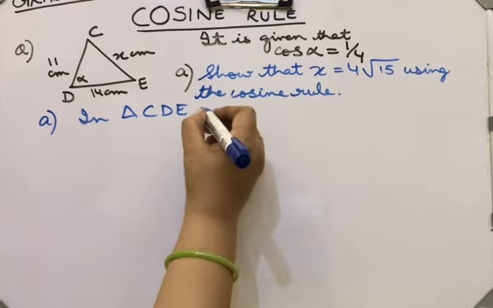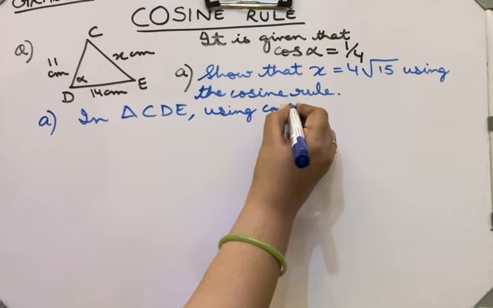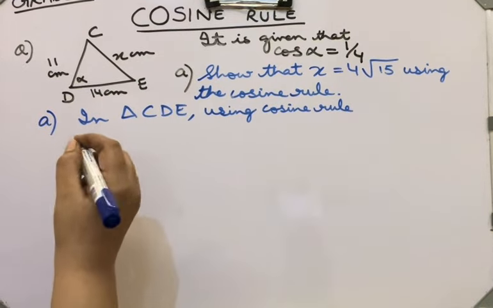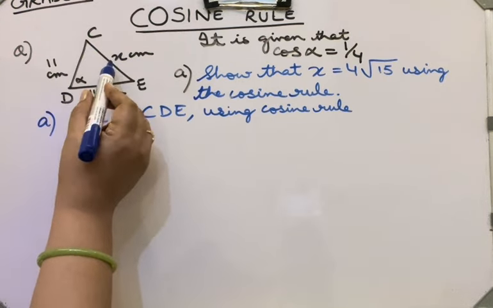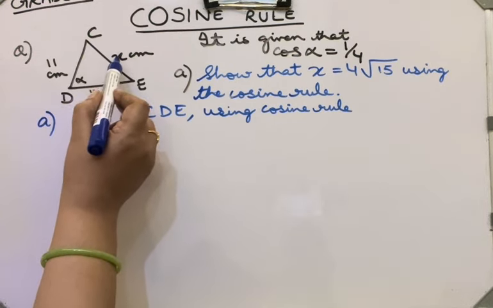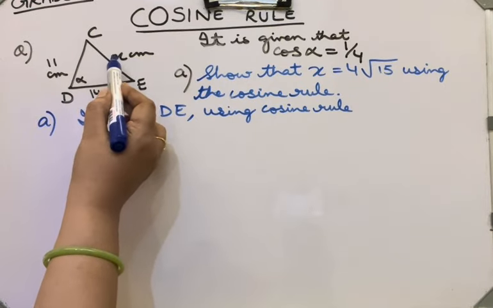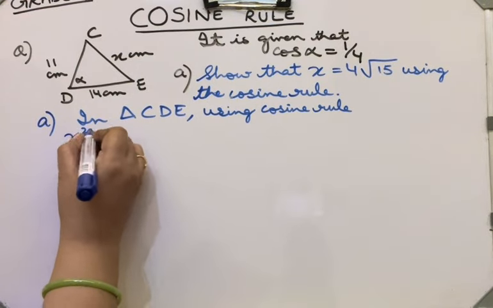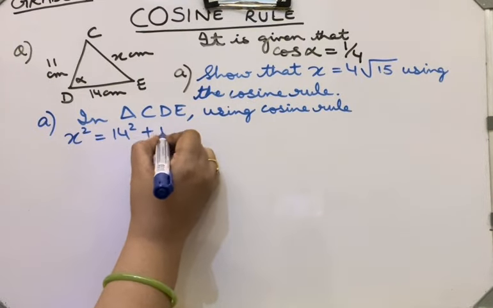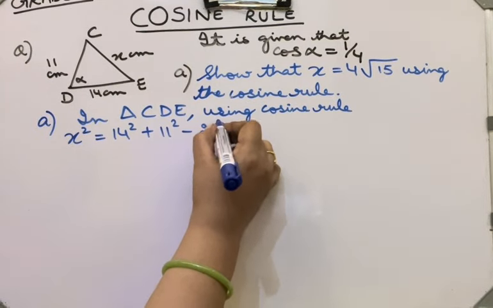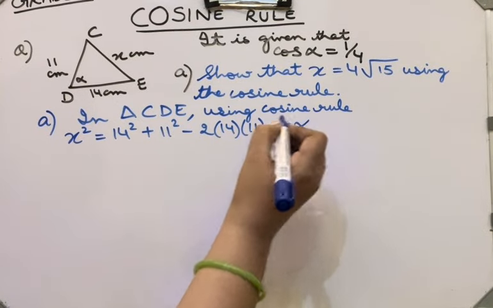So using the cosine rule, what do we get? x square, since the angle is alpha, we'll keep the side opposite to the angle on the left hand side. So x square is equal to 14 square plus 11 square minus 2 into 14 multiplied by 11 cos alpha.